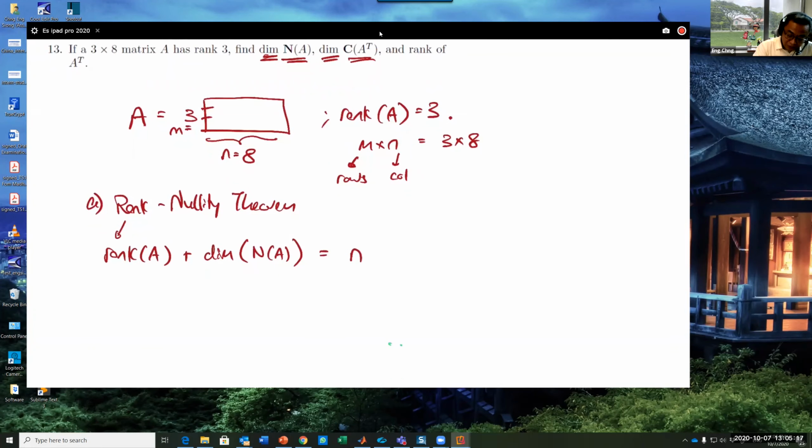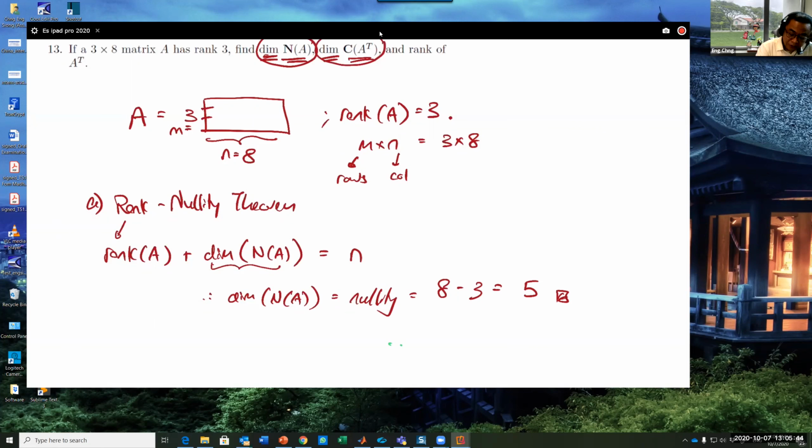So what is he asking us to find? He's asking us to find this. Therefore, the dimension of the null space of A, which is the nullity, is equal to n, which is 8, minus 3. And the answer is 5. And we are done for the dimension of the null space of A.